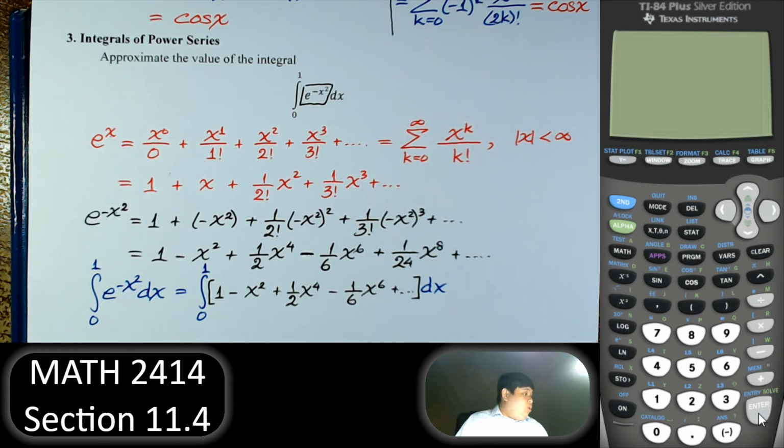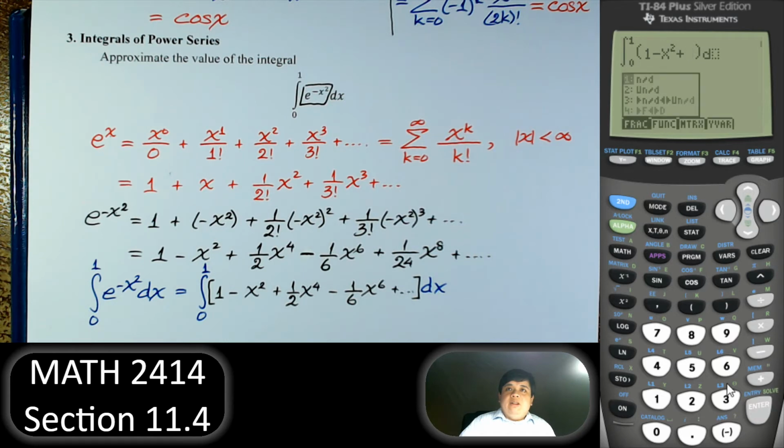Now all we need to do is just integrate that. I'm not going to even do that by hand. Integral from 0 to 1 of 1 minus x squared plus 1 half x to the 4th minus 1 over 6 x to the 6th.